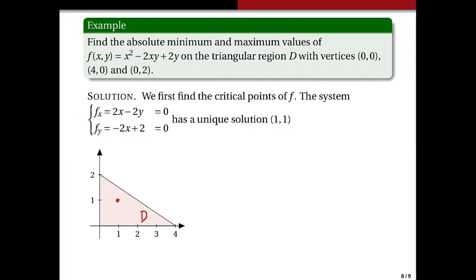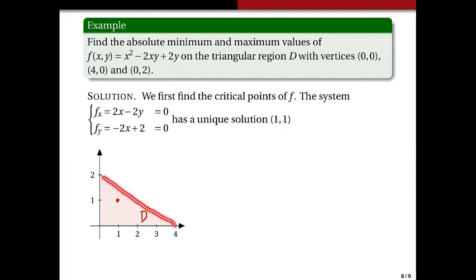Now, in the function of one variable, you also look at the boundaries of your closed interval. Similarly, we do the same thing. We also look at the boundaries of our region.